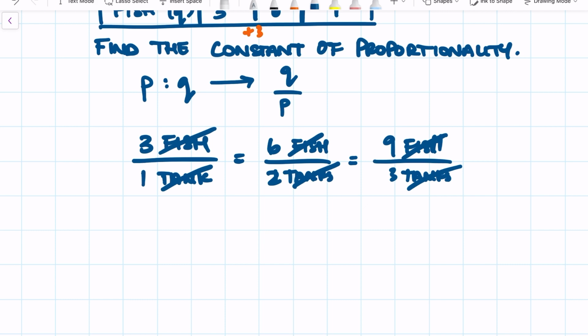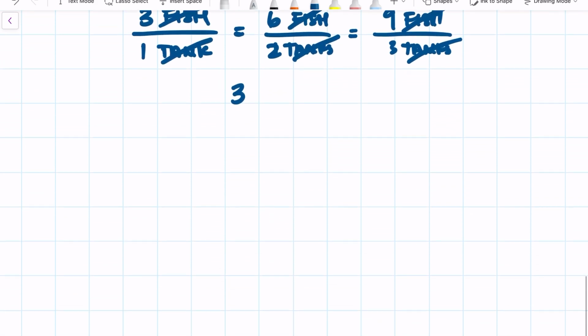So therefore, the constant of proportionality is going to be 3. That is the constant. So the constant of proportionality is pretty much when you turn this into a fraction and you simplify it. Let's go ahead and write that down in our definition then.